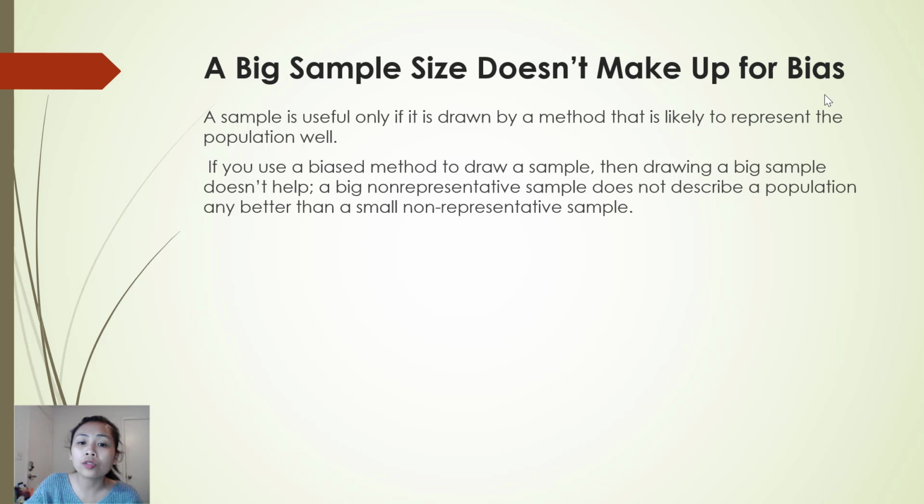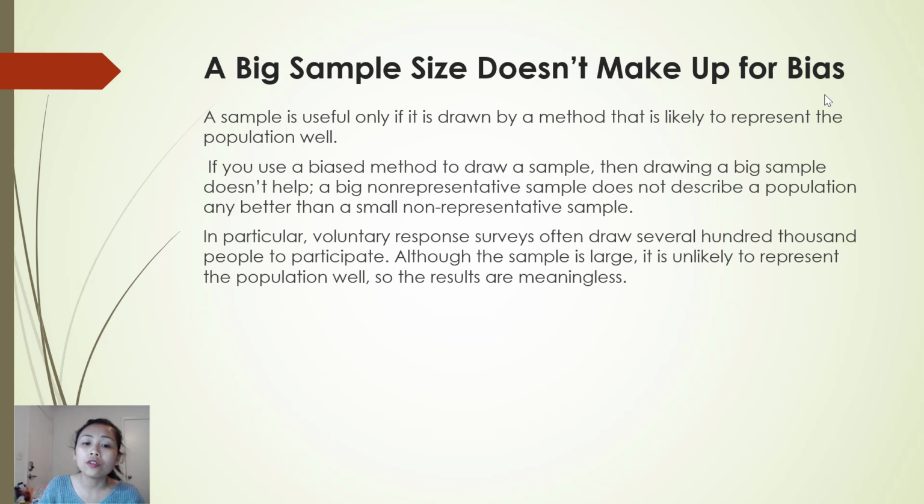A big non-representative sample does not describe a population any better than a small non-representative sample. For example, if you want to consider female drinking, and you take a sample of more male students than female students, then that sample cannot be the best representative for the whole population.